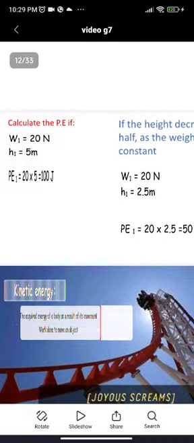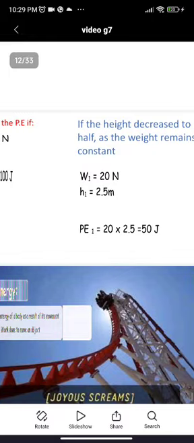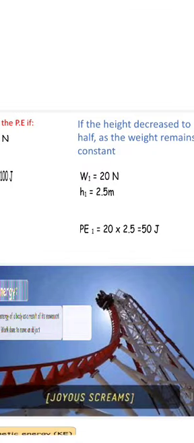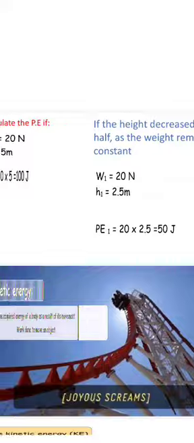Another problem: calculate the potential energy if the weight of the object equal 20 Newton and the height is 5 meters. So potential energy equal 20 times 5 equal 100 joule. Okay, if the height of this object decreases to half, but the weight remains constant.